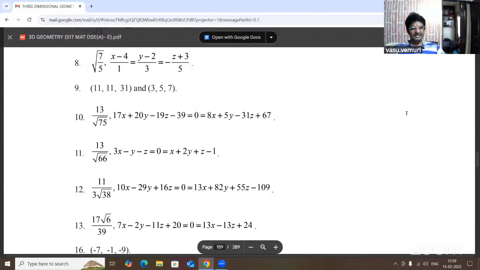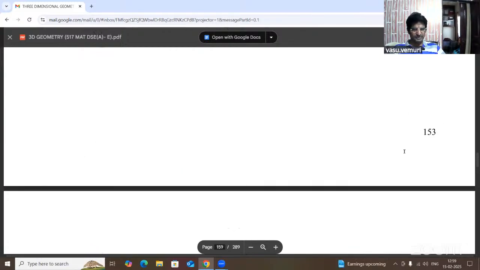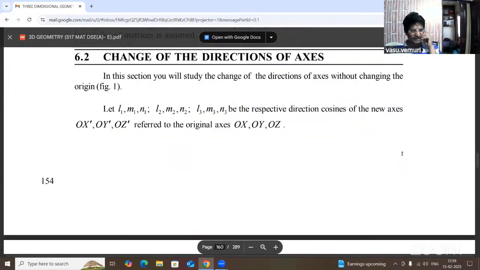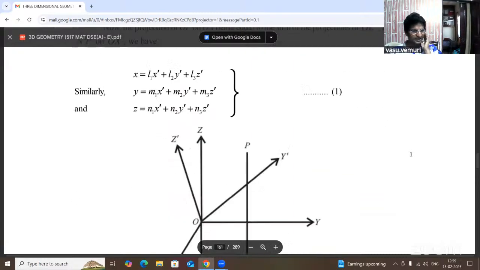The 6th unit you just have to see and refer. Change of axis is not necessary here.